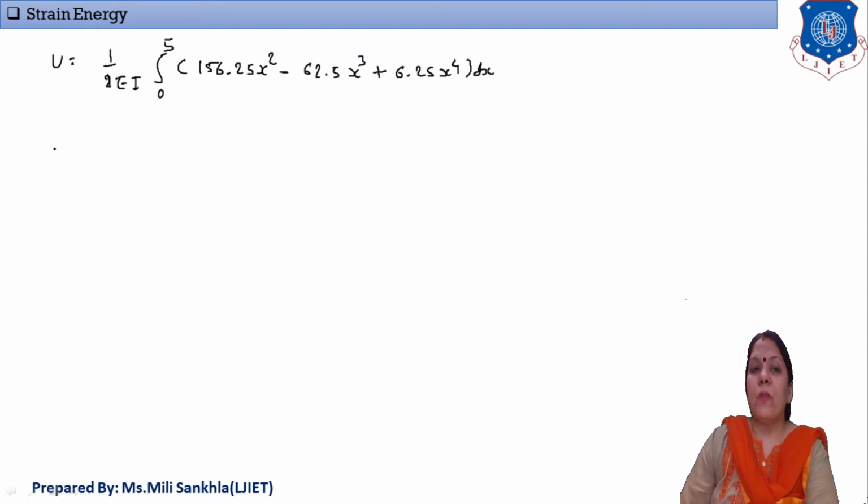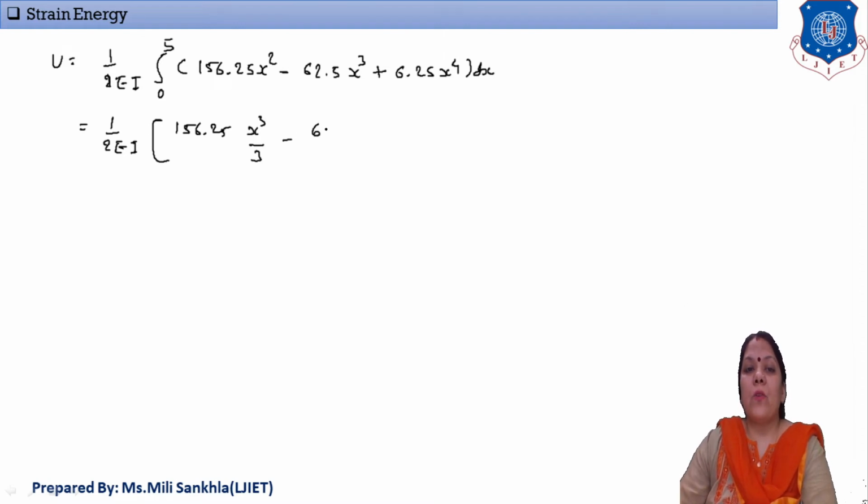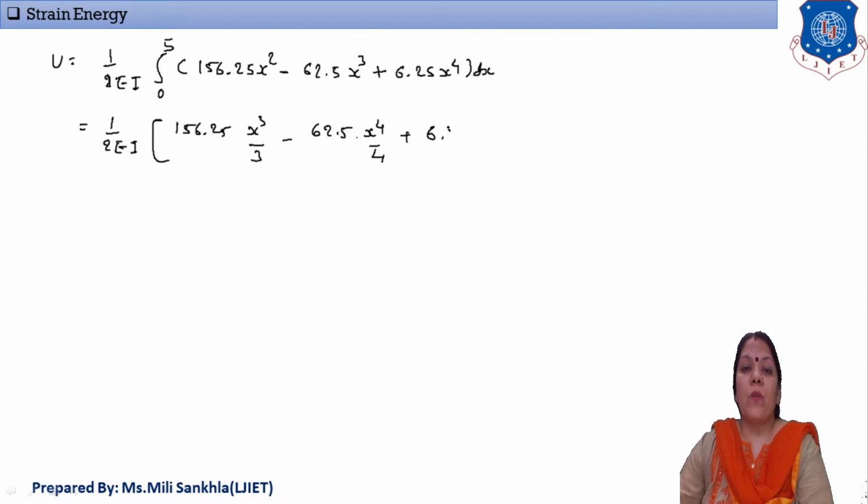Now one by one we integrate these terms. 1 by 2EI. First term, 156.25 constant and x cubed by 3. Second, 62.5, the integration of x cubed is x raised to 4 by 4, plus 6.25, the integration of x raised to 4 is x raised to 5 by 5, and the limit of 0 to 5.